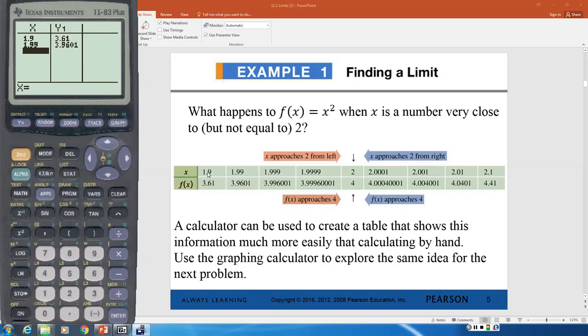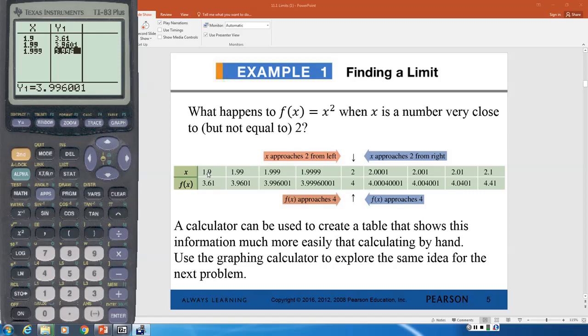We can move still closer and yet not be 2. We can go to 1.999. So now we're closer to 2, and 1.999 squared, it says it's 3.996, but actually if you put your cursor on it, it's 3.996001.